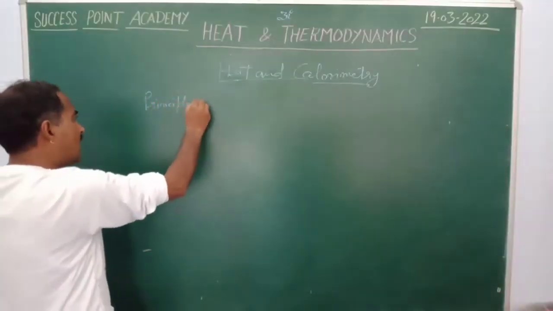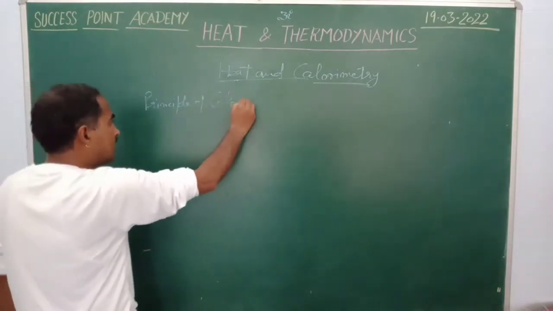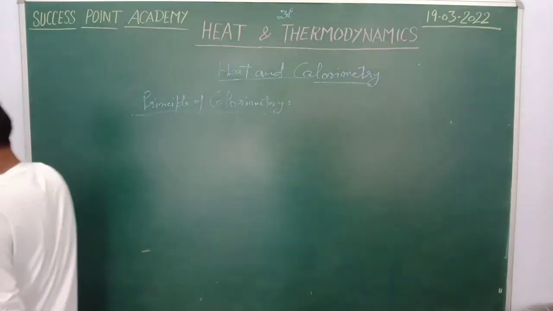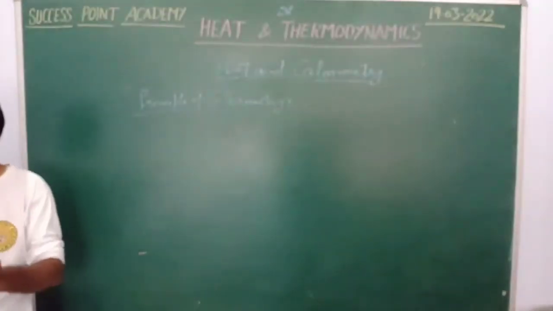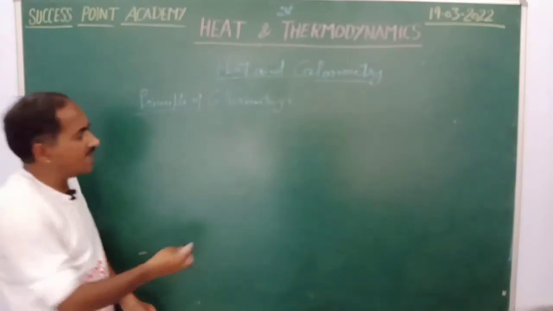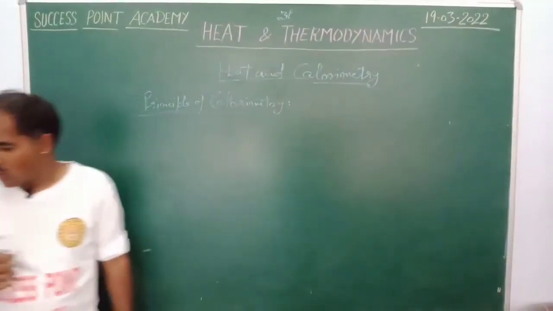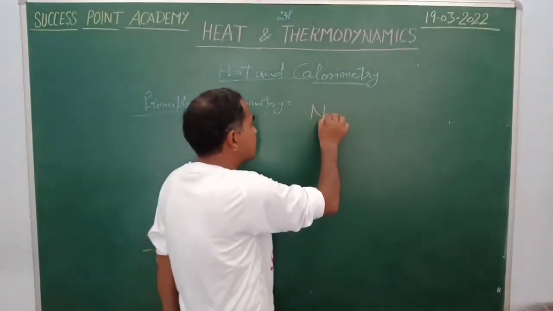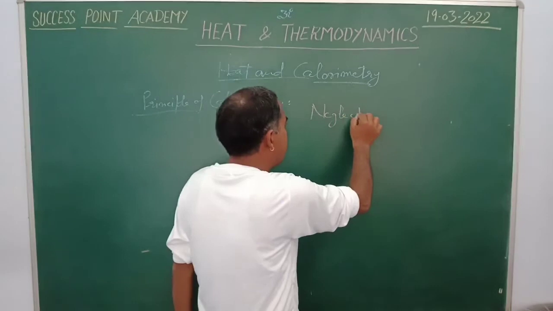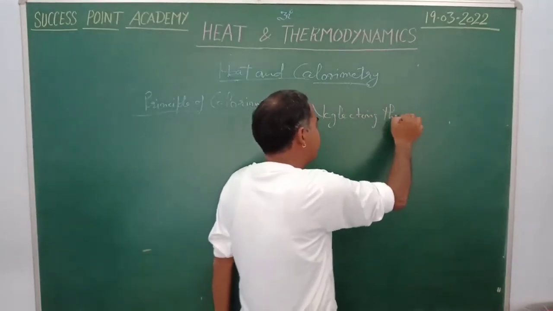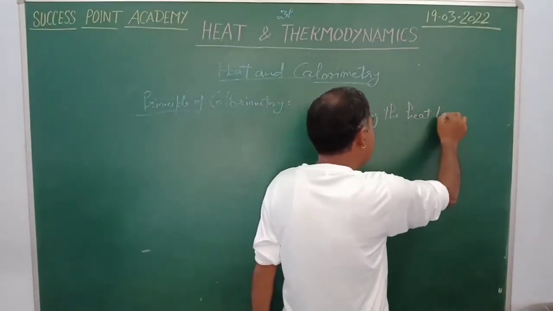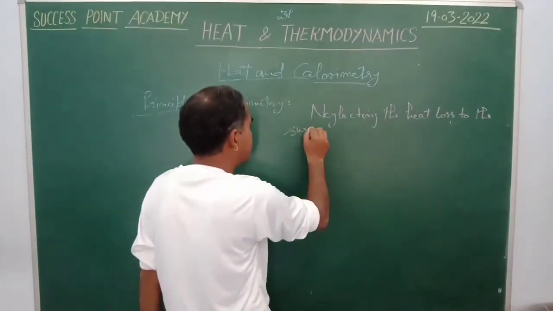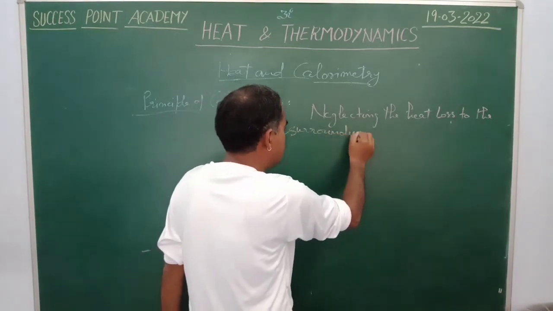Okay, so now we have the principle of calorimetry. What it states, try to understand that. It states: neglecting the heat loss to the surroundings.